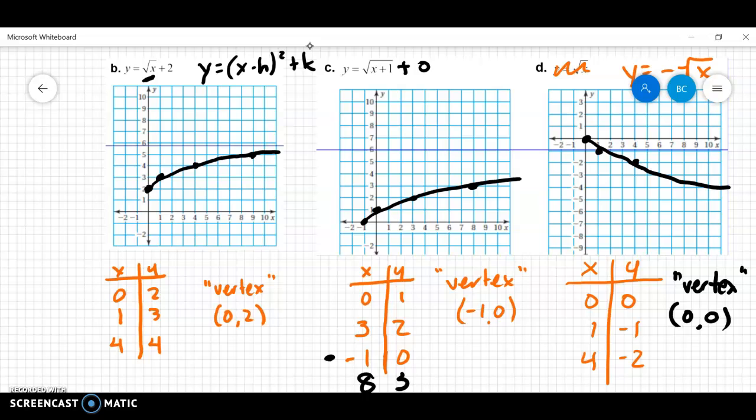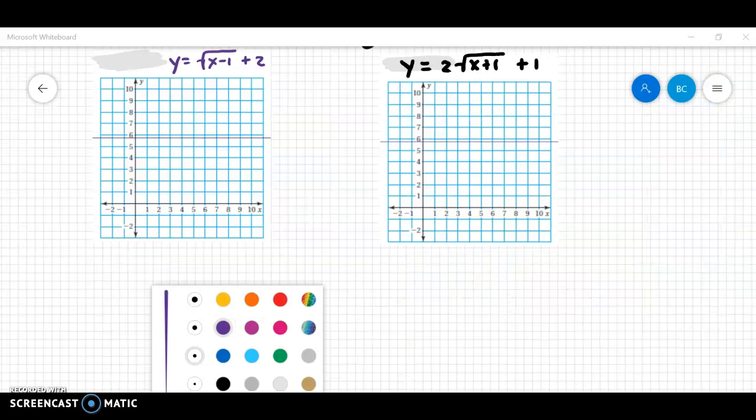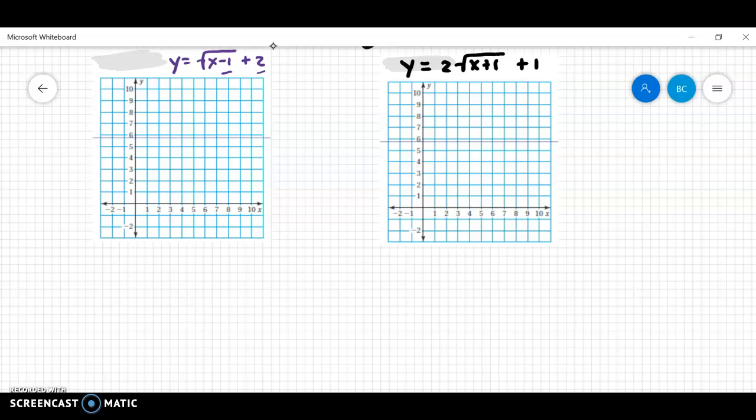Let's look at that with a little bit more complicated problems. So these next two problems, I really want to draw your attention to the similarity between this square root function and the vertex form of a quadratic function. So if I were thinking about this as a quadratic function, this would be h and this would be k.